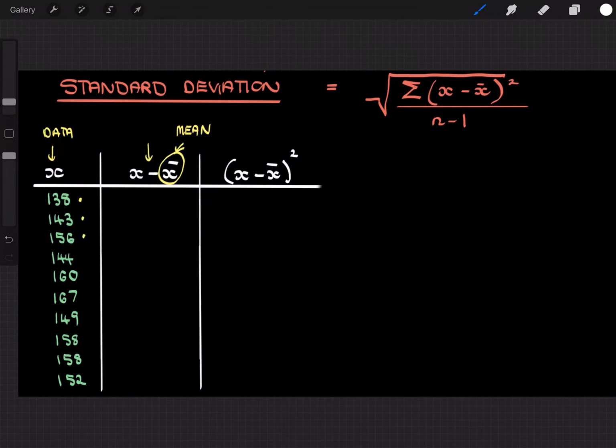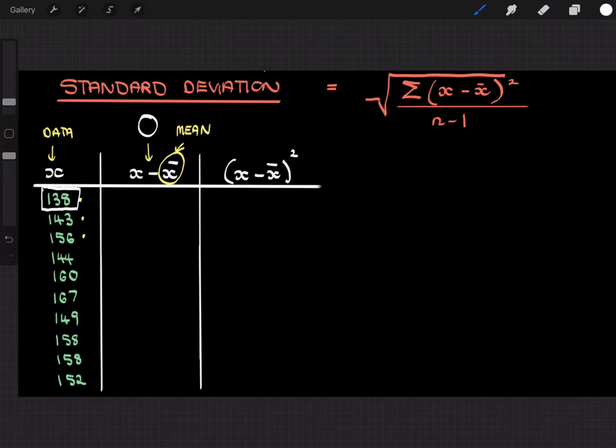Now, this X minus X dash, what this is saying in this second column here, is it's asking us to take the X value, in this case 138, the first one, and subtract the mean of the data.